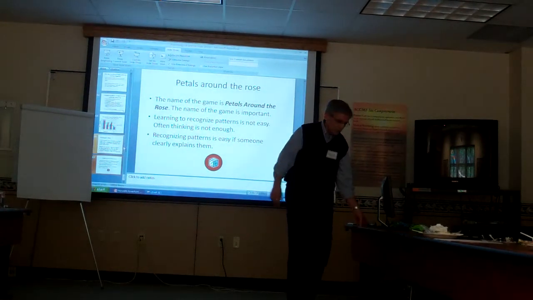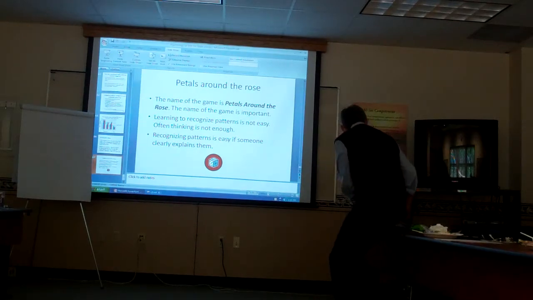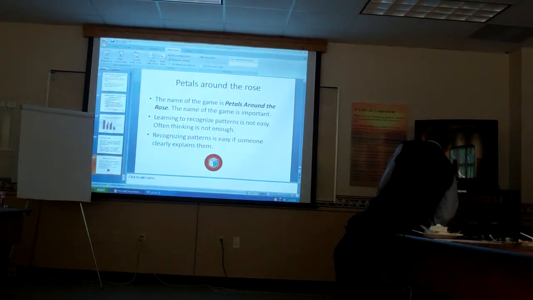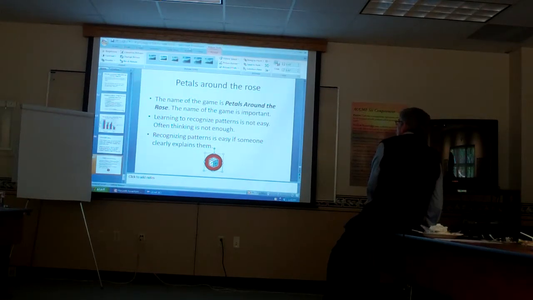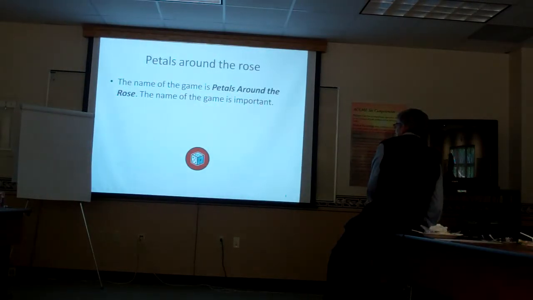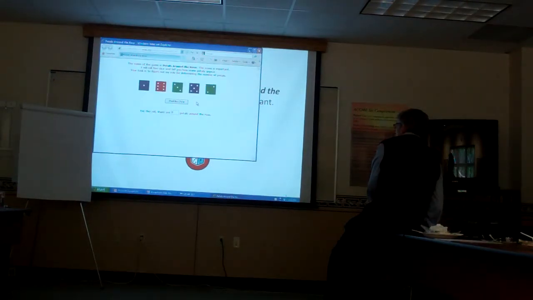Yeah. Petals around the rose. So look for the rose and the petals. The rose being the center of the die, and the petals around the center. You have to have the center in order to create the rose. So if the center is not present, then you can't call it a rose.